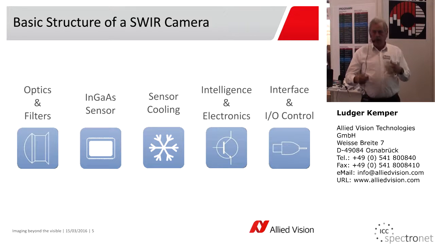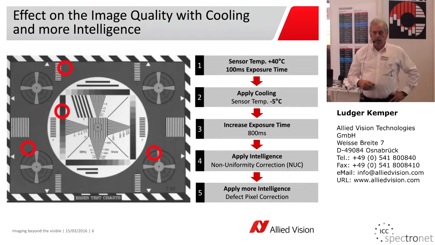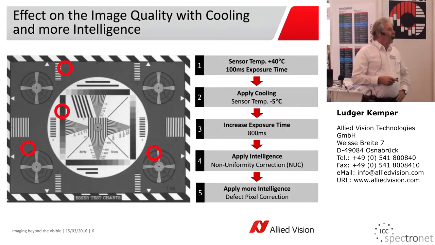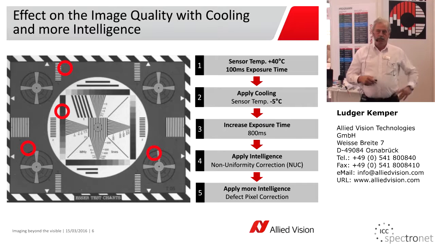I want to show you the effects of the cooling and of the added intelligence. Here is a typical raw image of an InGaAs sensor at a sensor temperature of 40 degrees with 100 millisecond exposure time.